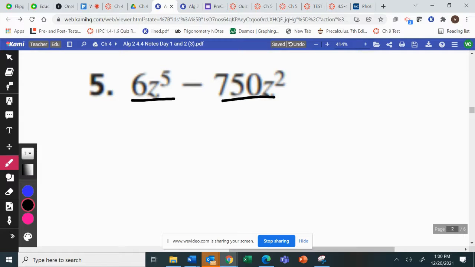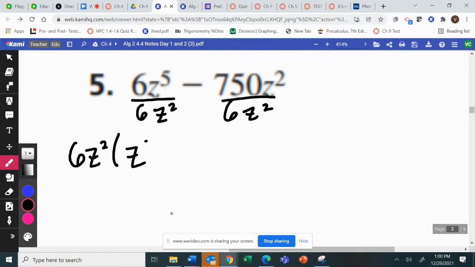Does 3 go into both of them? So let's try 6. How many z's? 2. Somebody want to tell me what that is?